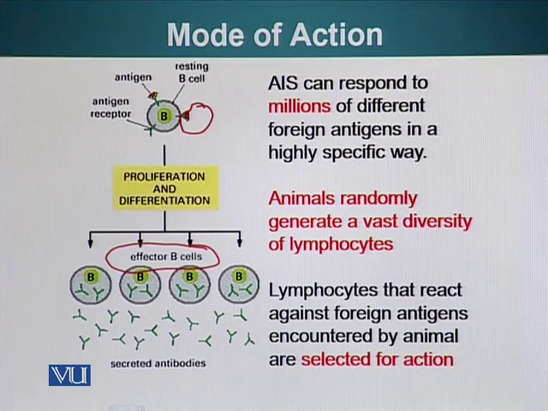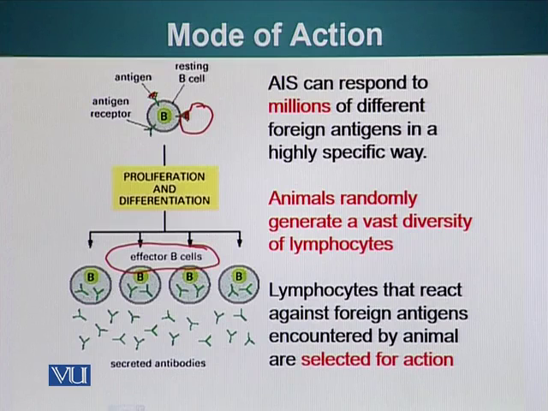Animals generate randomly a vast diversity of lymphocytes, B cells with antibodies which have different antigenic specificities, and only those B cells will be allowed to divide and mature and form effector B cells which have their antibodies stimulated by binding of an antigen. So if you think about it, it is basically the antigen that is selecting the B cell for its activation.